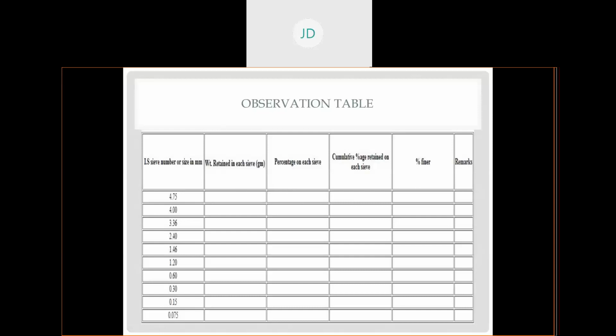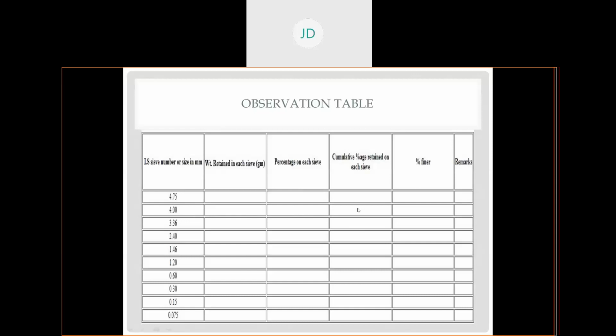So this 10% will come here also. That means up to 4.75, 10% of the total sample has been retained. Say here it is 20, so 10% is retained on the 4.75 sieve and 20% on the 4 millimeter sieve.